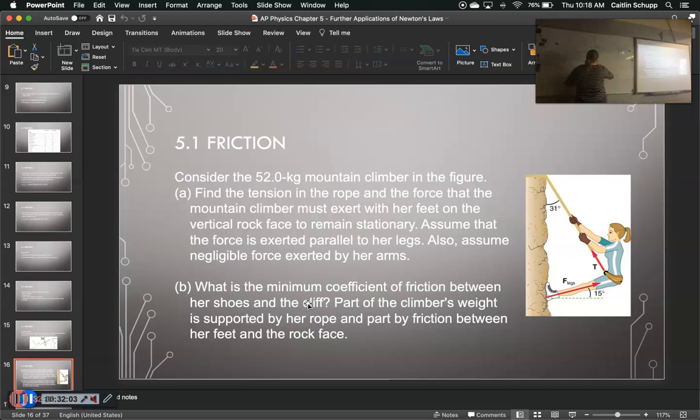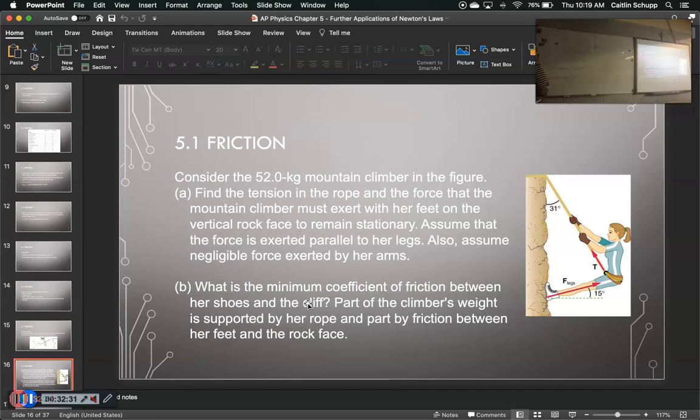Can someone do me a favor and plug in 52 times 9.8? Okay, and then can someone tell me what the sine of 31 degrees is in your calculator? I thought it was gonna make a big noise. Say again? 0.51.